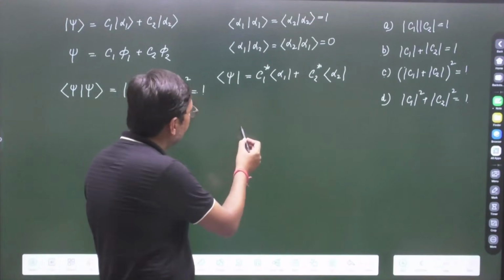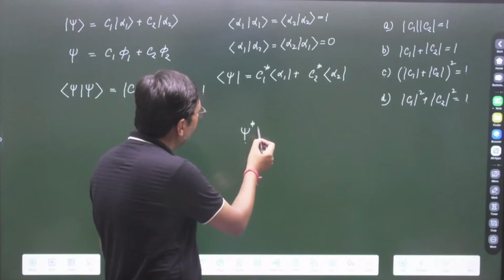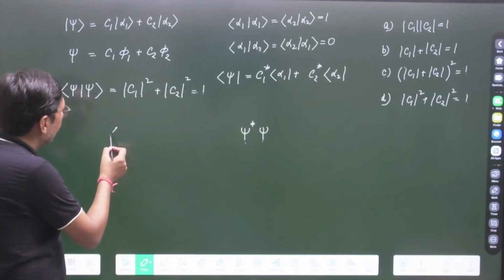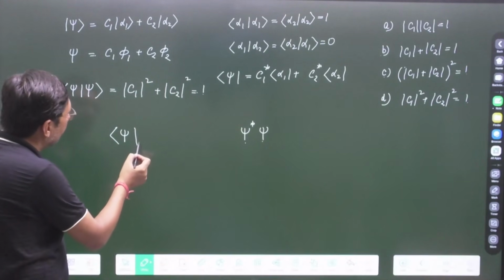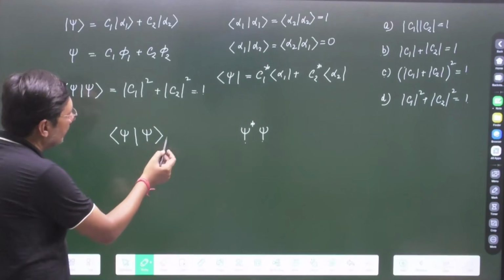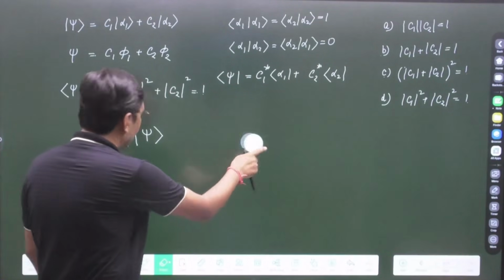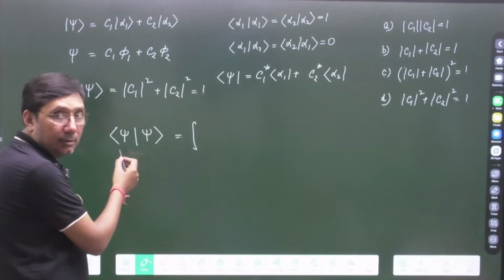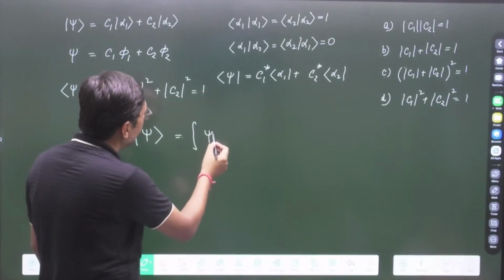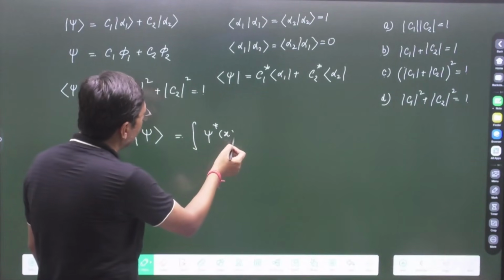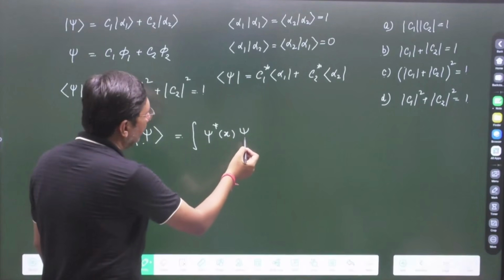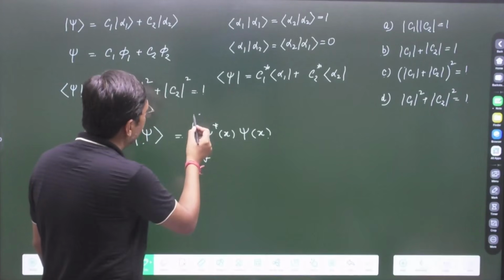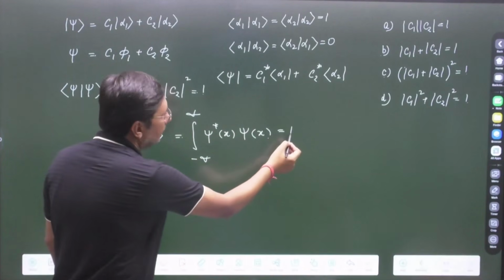Psi star over psi. Okay, this is equal to, this is not mod psi square. What is this? Take the star of this and this one is without a star. Whatever space is there, suppose minus infinity to infinity, this will be 1.